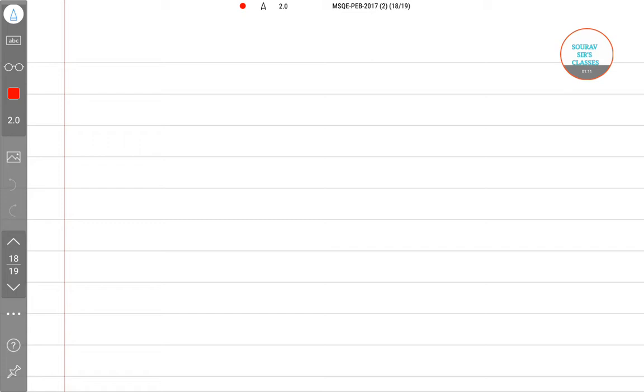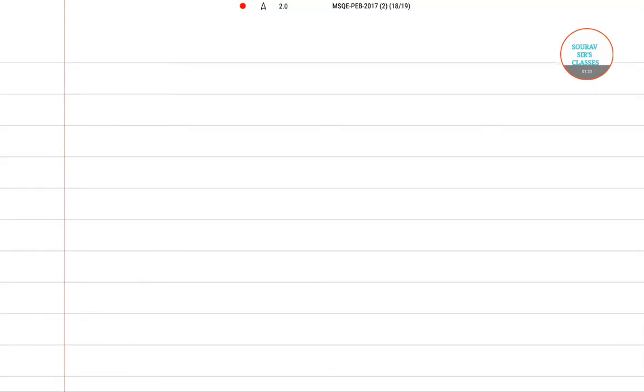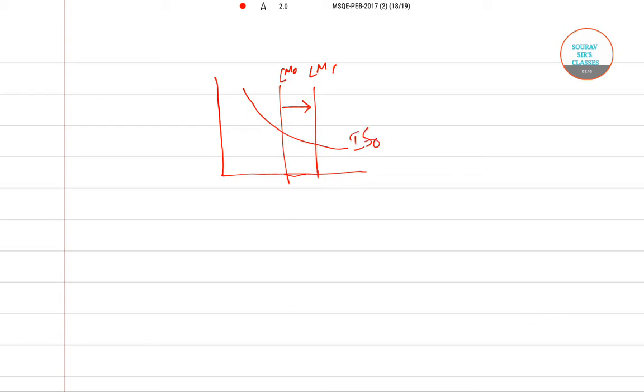So under fixed exchange rate, what happens is that, I'll write down a diagram. If the LM curve shifts rightward due to an increase in money supply, this is LM0, this is LM1. If it shifts rightward, again it gets back to LM0. Now why does this take place?